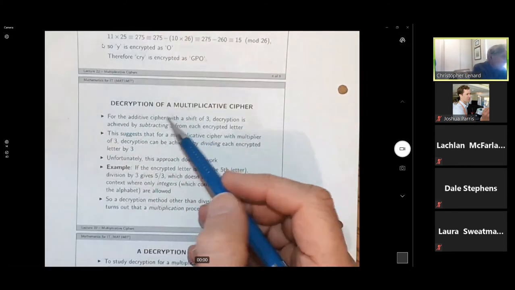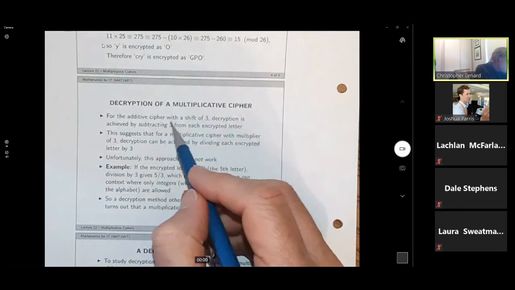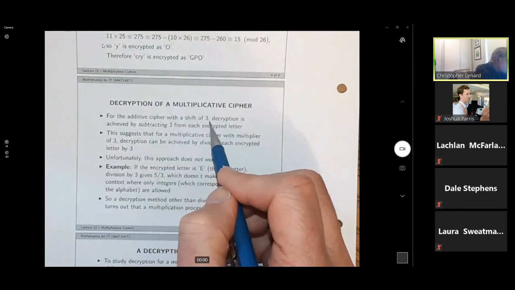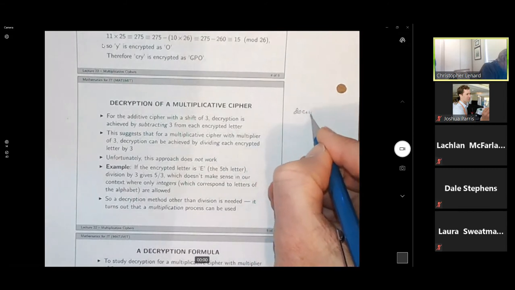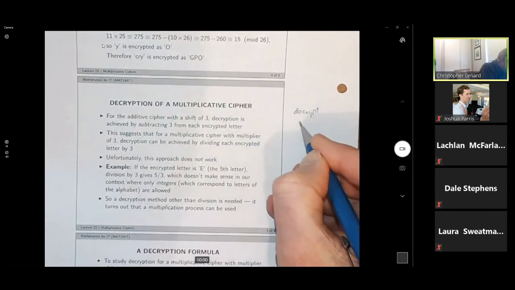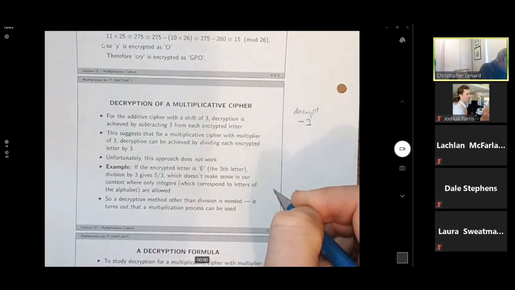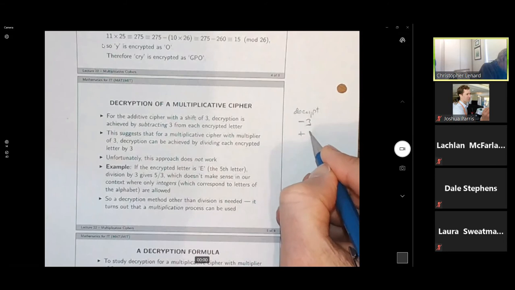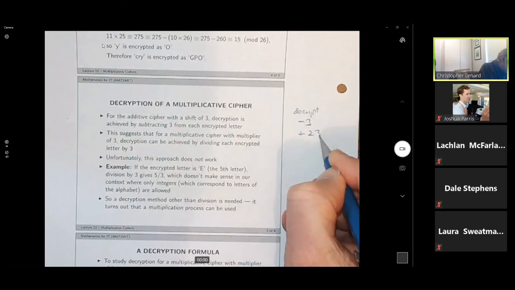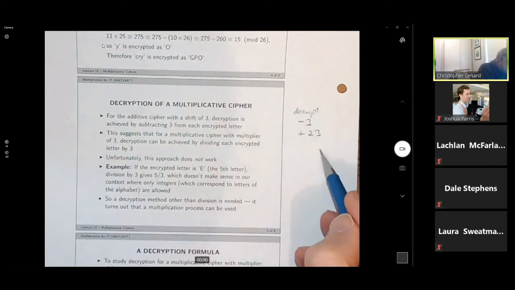So when we did the additive one, with 3, for the decryption, we could either subtract 3 or, what was the same thing, add 23. Remember the clock face? 1, 2, 3, all the way around to 25, 26.